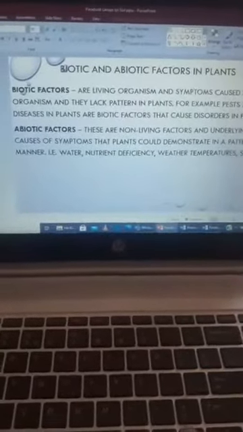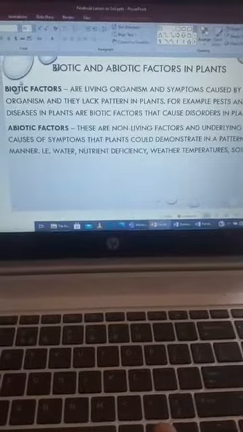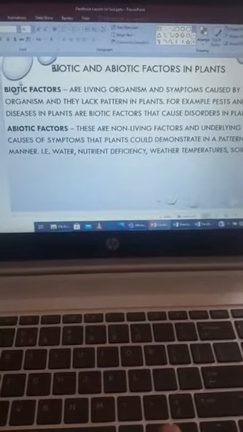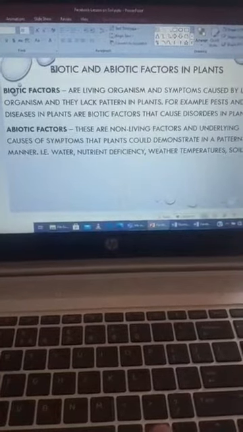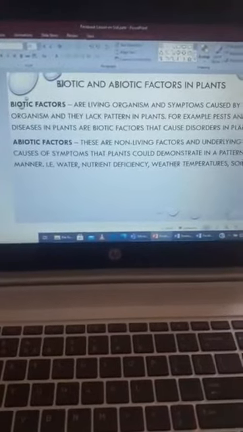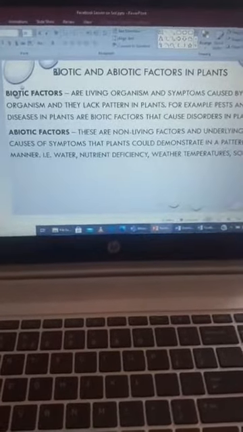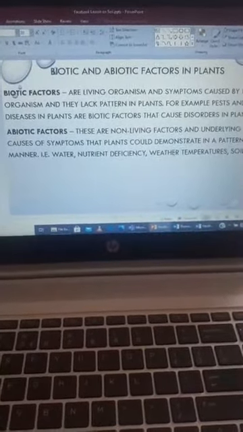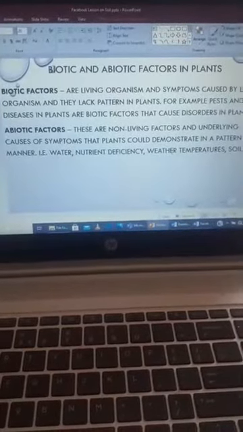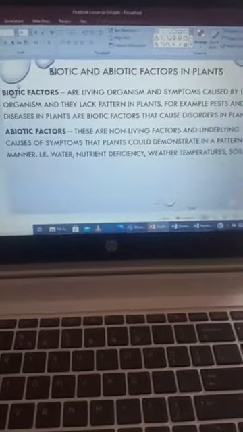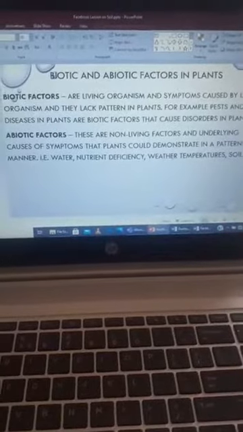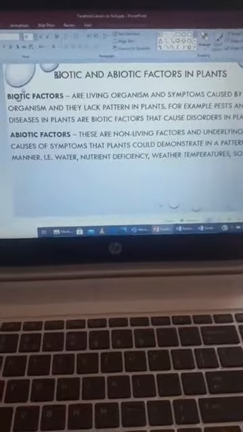But now coming to abiotic factors, these are non-living factors. Even the symptoms will demonstrate a pattern. Those things are water, it's an abiotic factor. Nutrient deficiency is an abiotic factor. Weather, temperature, soil pH, and so forth. So these things will have a pattern.